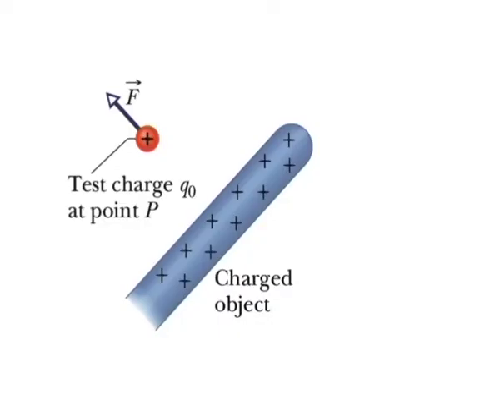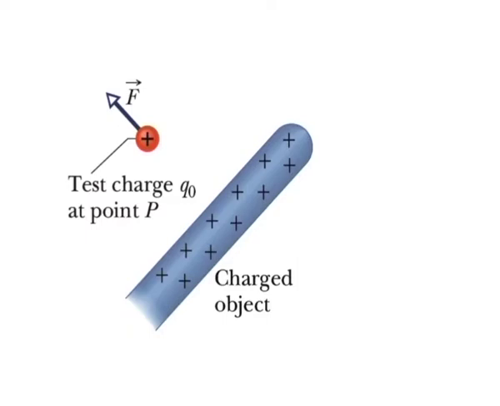This field consists of a distribution of electric field vectors, one for each point in the space around a charged particle. In principle, we can define the electric field vector at some point near the charged object, such as point P, with the following procedure.